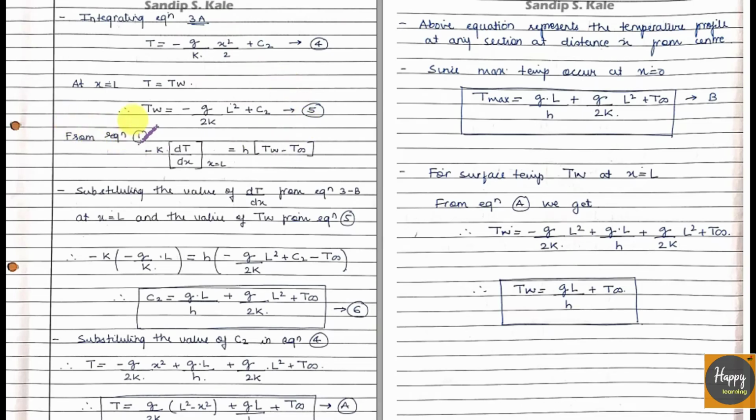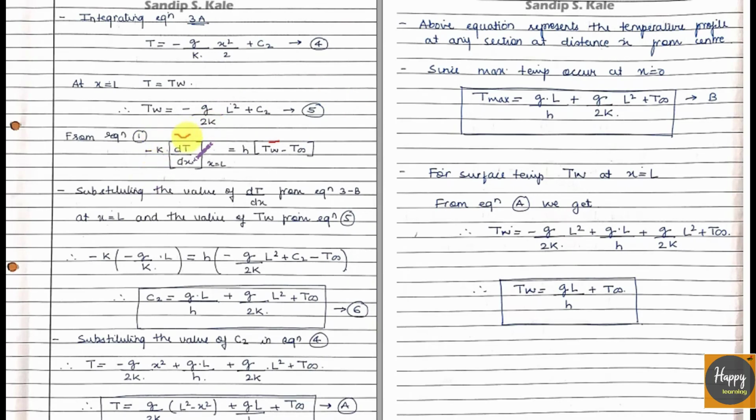So now we have seen this equation, conduction equals convection. Now we will substitute the value of dT/dx at x = L. We have found out this value, and we have found out the value of TW now itself in equation number 5. So we will substitute the values and you will get the equation.